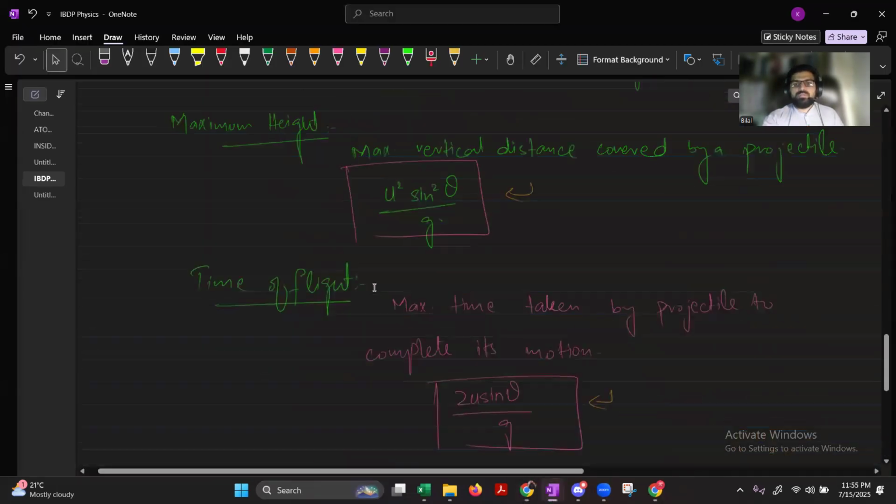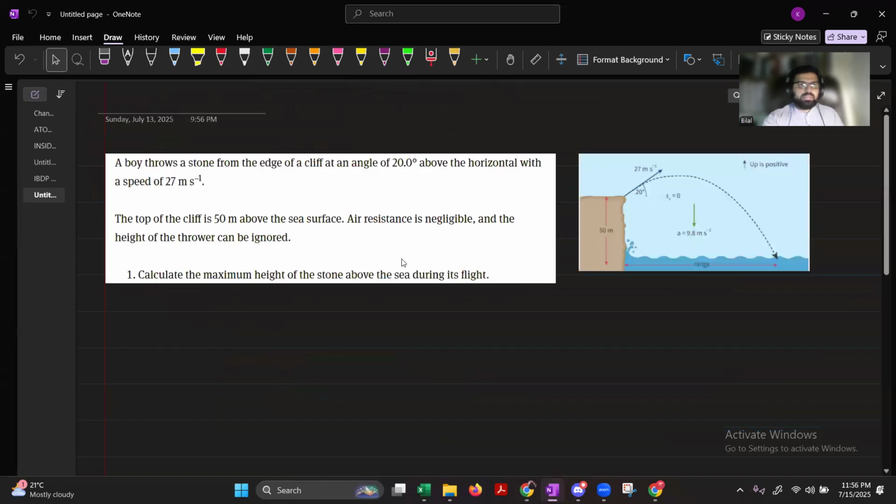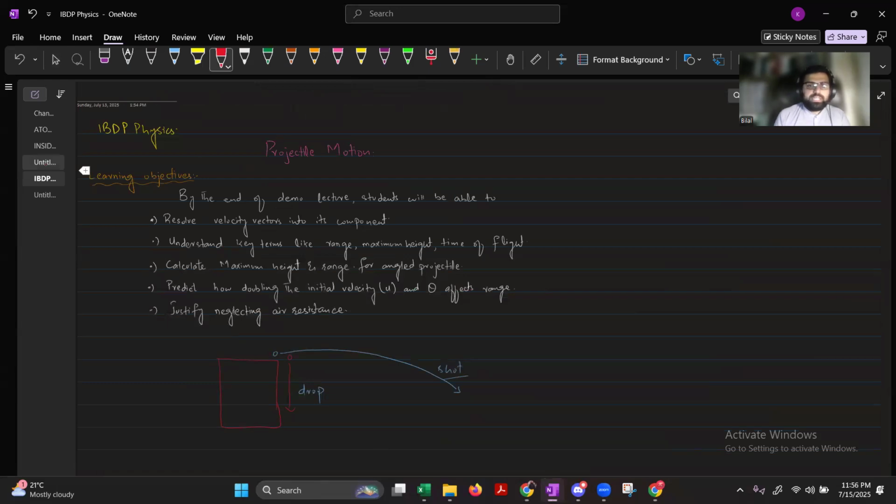So let's solve one of the questions from an IBDP past paper. Whatever we have studied, we talked about the velocity vectors, also the acceleration and force vectors, and their components as well. We understand the key terms: range, maximum height, time of flight, and their formulas as well.